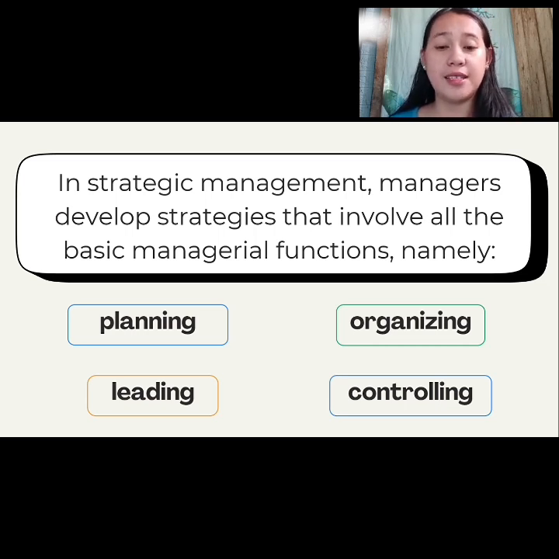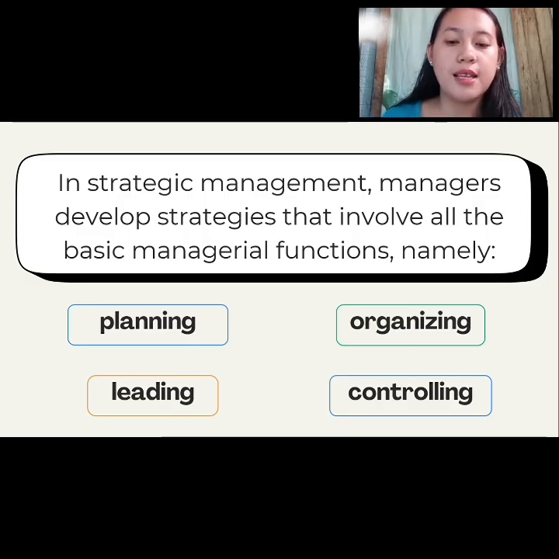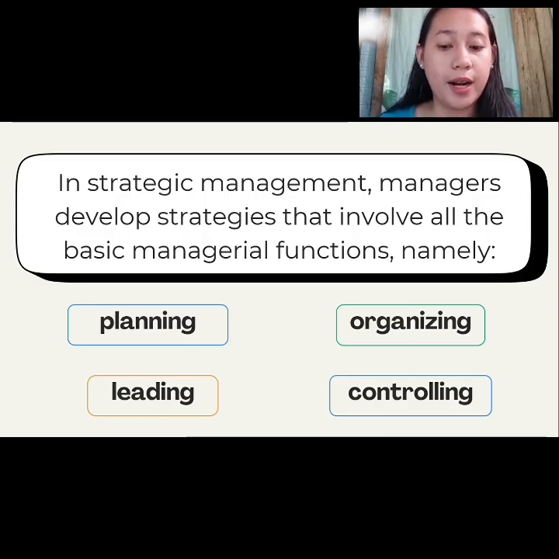And then next is controlling. Controlling is the process of monitoring, measuring, and adjusting performance to ensure goals are met. So it involves setting standards and benchmarks, tracking progress and performance, identifying deviations and issues, taking corrective actions, and evaluating outcomes.